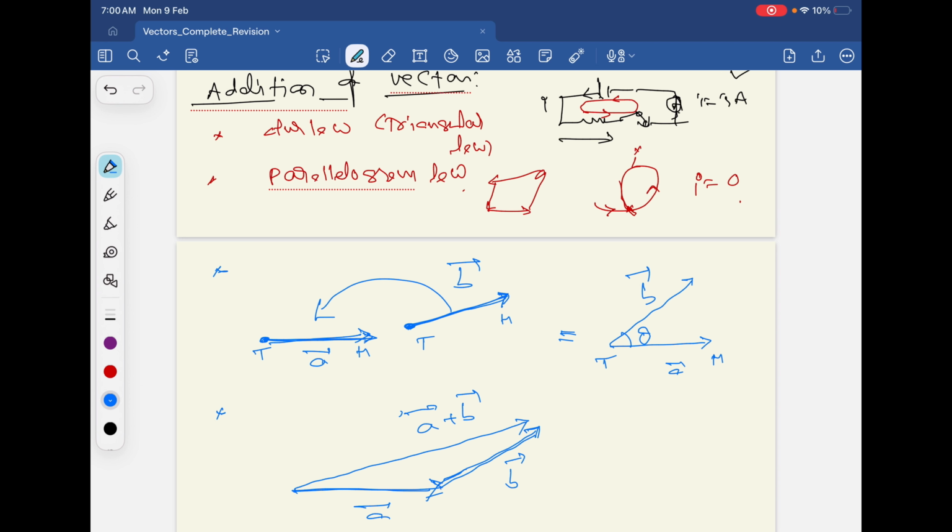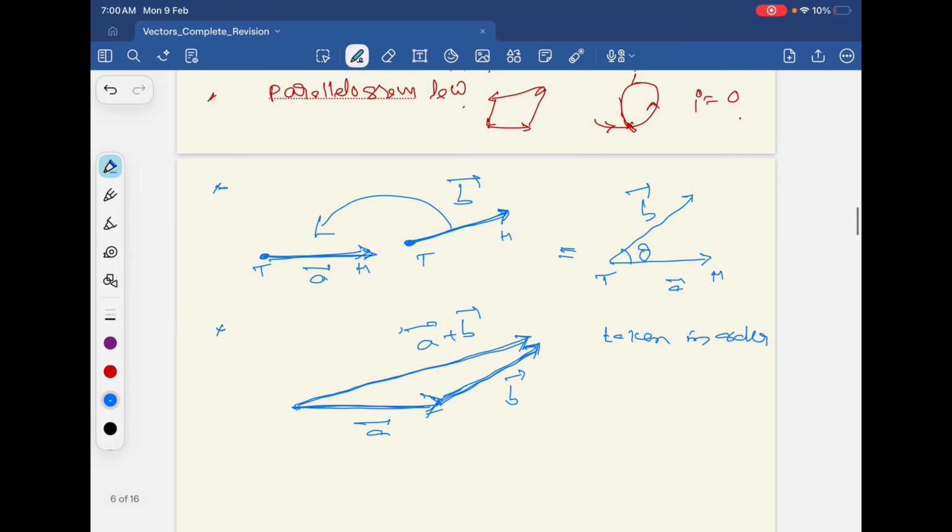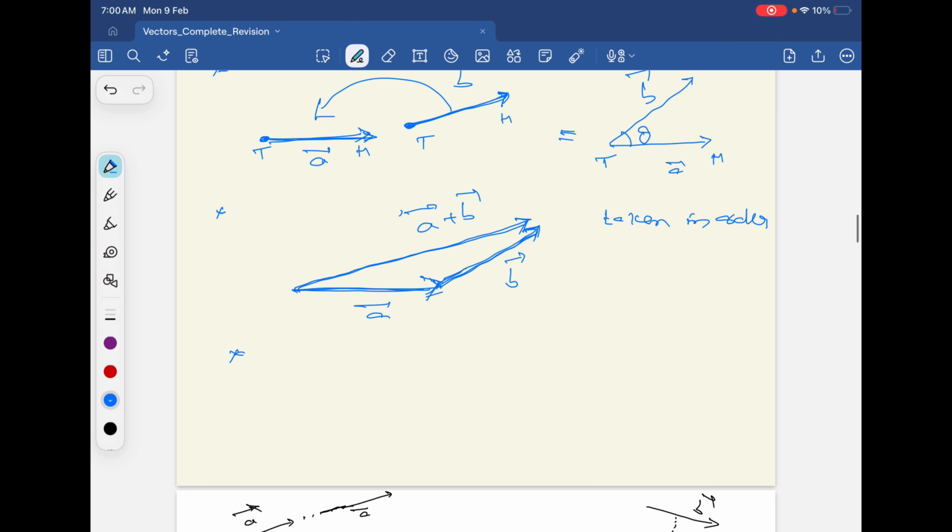You represent these two vectors A bar and B bar along the sides of a triangle taken in order. Important: taken in order, same sense. Then the resultant of these is given by the third closing side in reverse order. This is one statement. Now, a general question may arise if I take them in the same order.